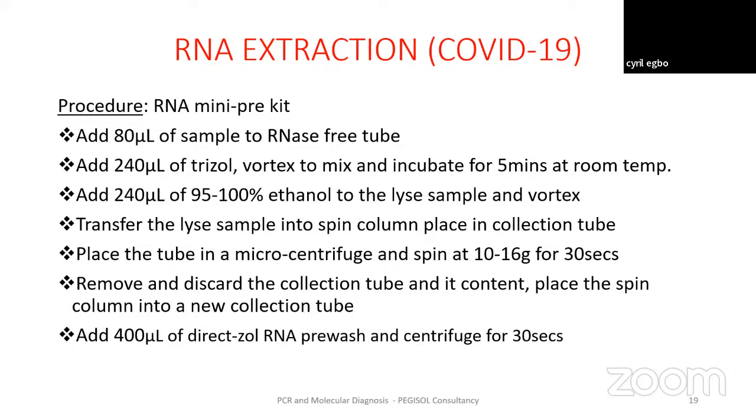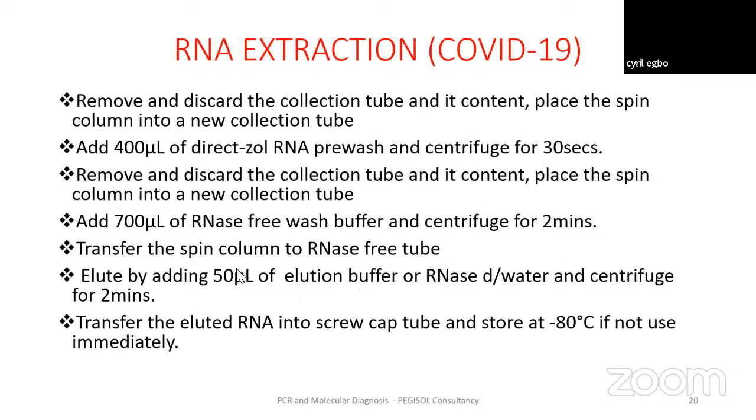Then you add 400 microliter of the Direct-zol RNA pre-wash, which is part of the kit, and you centrifuge for 30 seconds using this microcentrifuge. Then you remove and discard the contaminant, both the collection tube and that content.